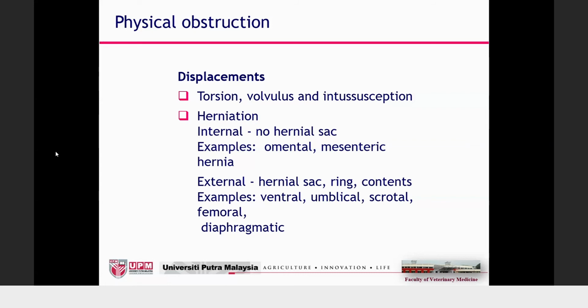But quite common also is external hernia, where you find a hernia sac with a ring and content. This can be seen in quite a number of cases: ventral, umbilical, scrotal, femoral, and even diaphragmatic hernia.